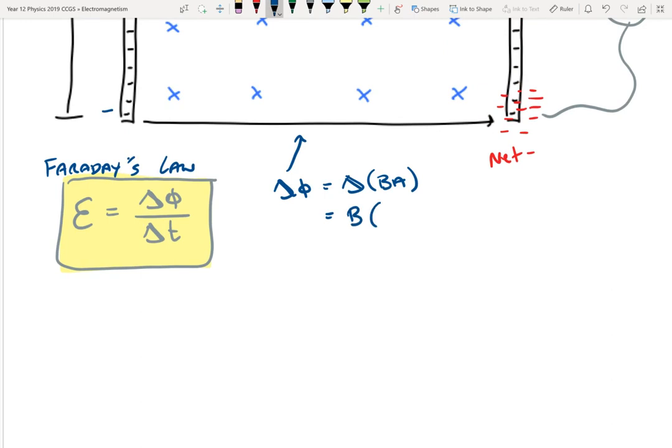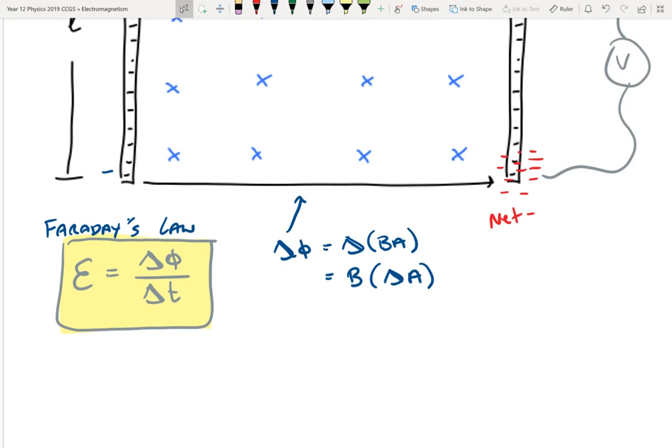So really, it's B times delta A. Now, just to make this work, I would say that S equals V times T. That meaning the horizontal distance that you sweep your length of wire is simply going to equal velocity times delta T. Maybe I could put a delta there instead. Makes no difference. You know, delta S.